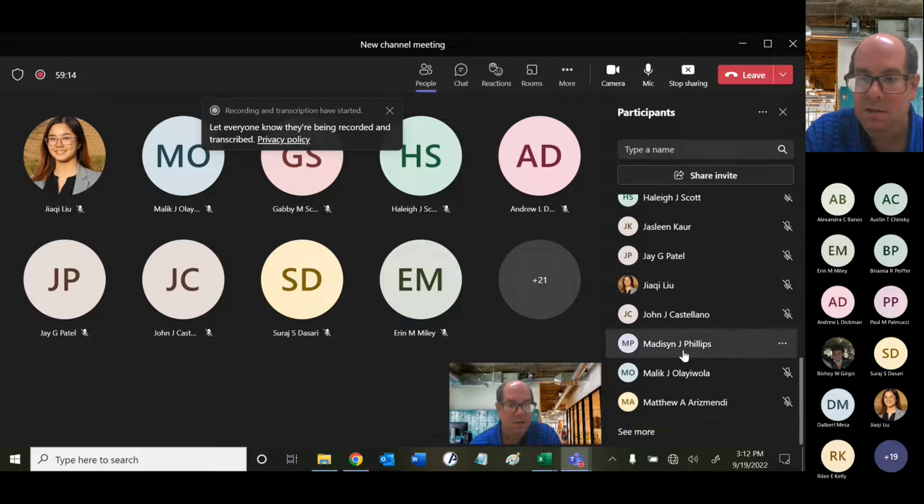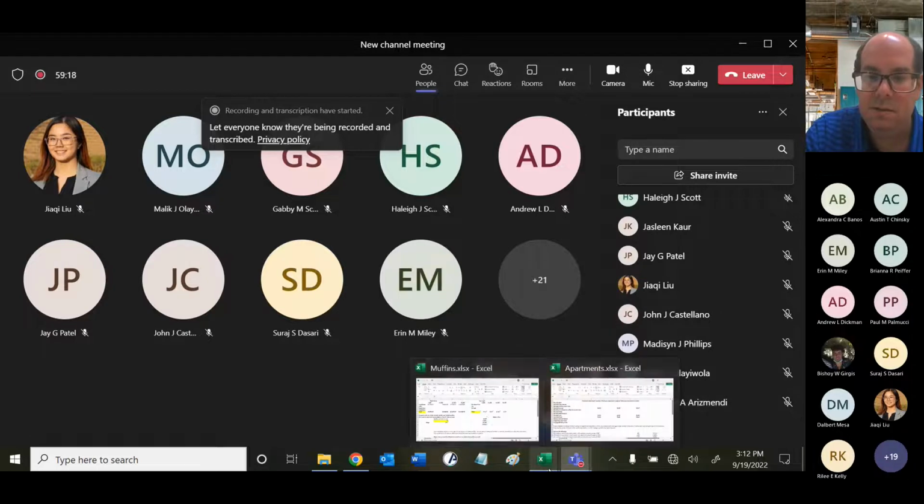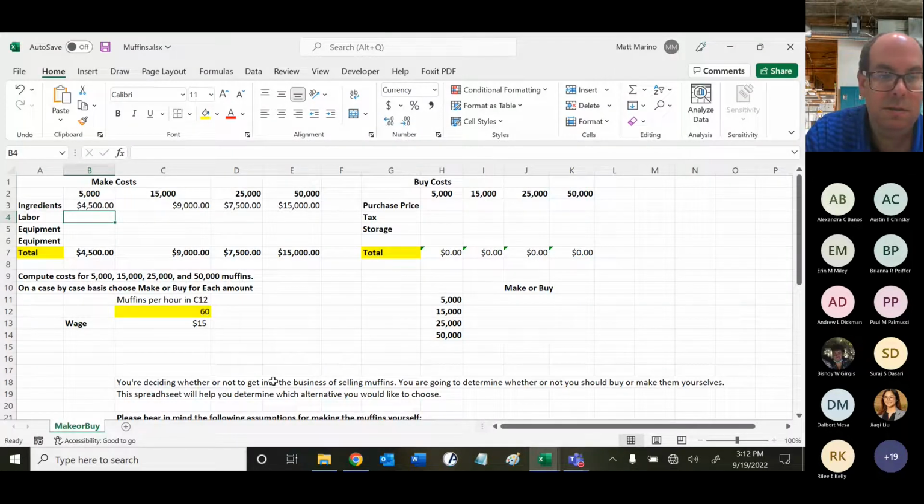Maddie, what would the first parameter we need to use in labor be? Would it be 15? Yep, the $15.